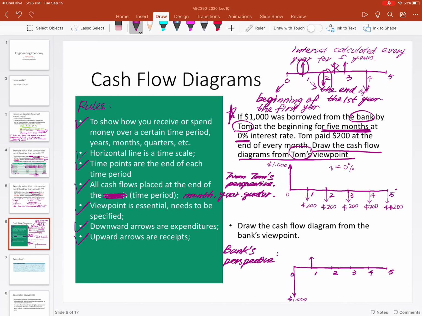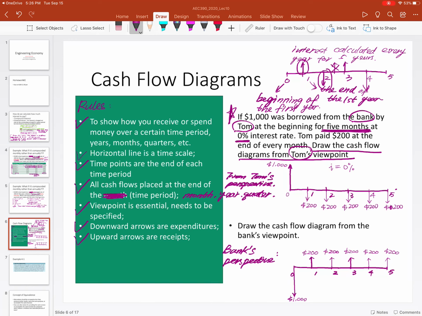You want to label the amount 200 near the arrowhead, and repeat that at the end of every month until the end of the fifth month.